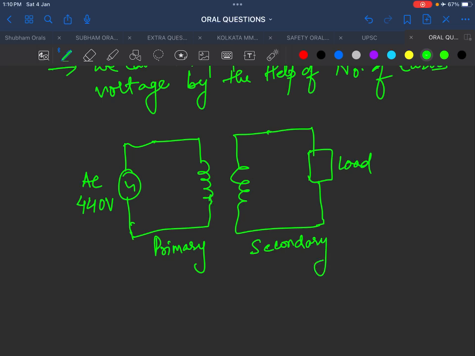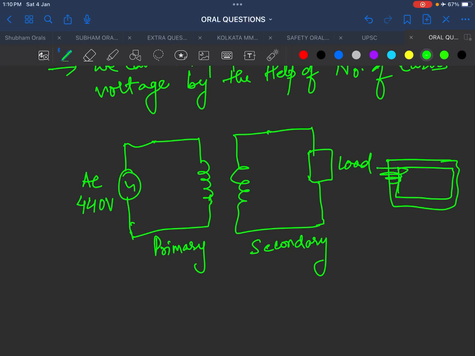The primary winding has some turns of copper coil wound on it, and there is a core material, made of ferrite or iron.